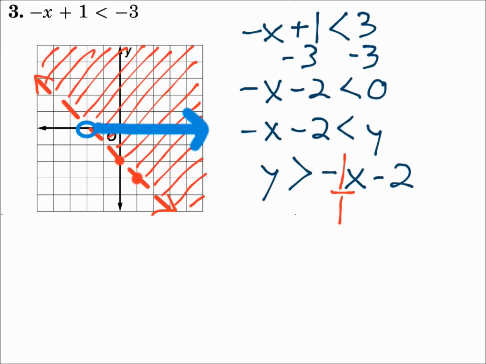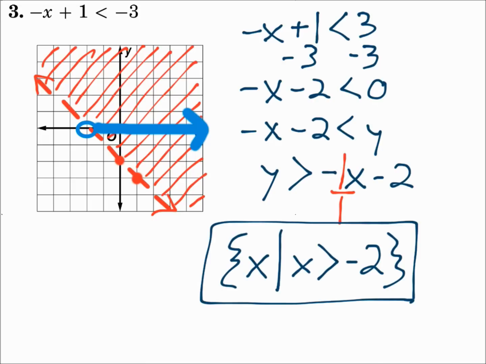So we start at -2 and go to the right. These are the numbers that are greater than -2. It's not equal because it's not included. So x is greater than -2. The open circle to the right is greater than.